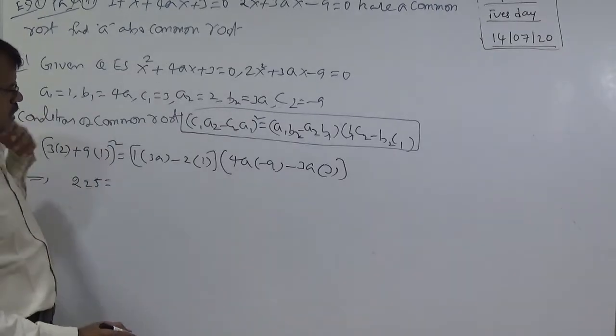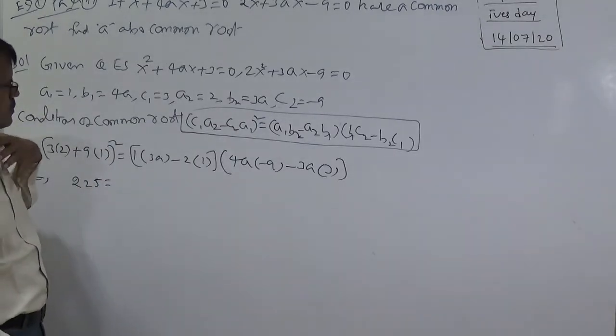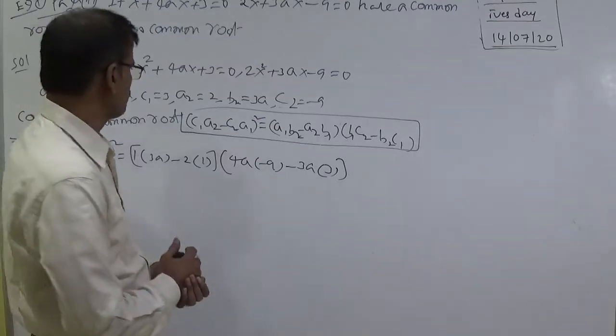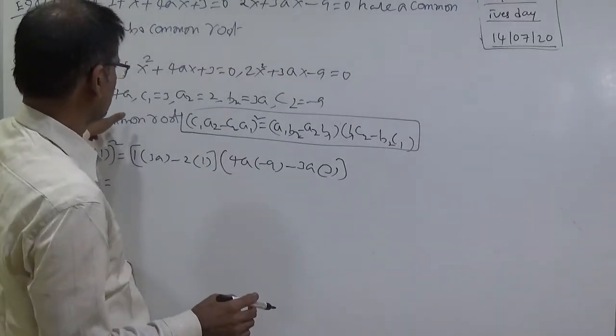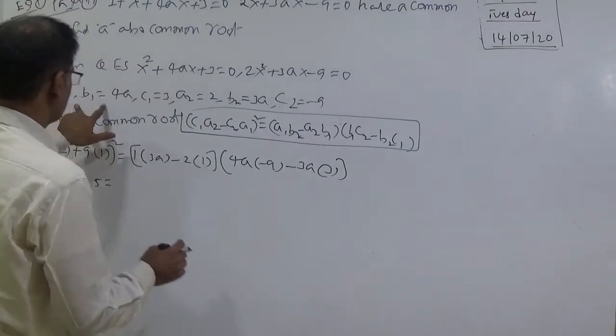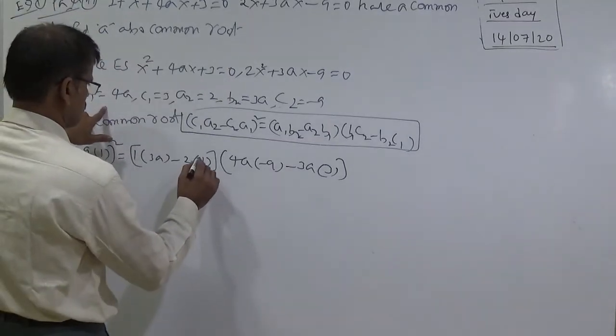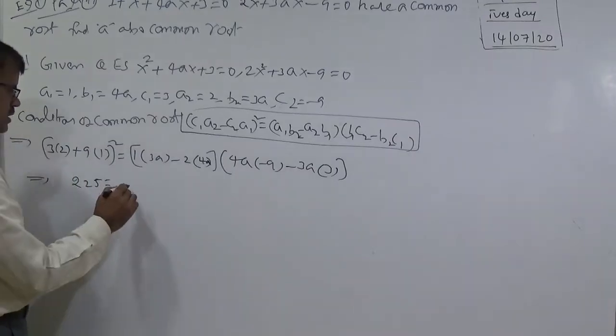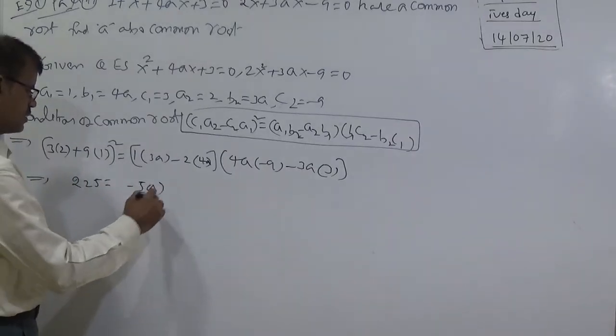This is 3a minus 2 into 4a. So a1 b2 is 1 into 3a, minus a2 b1, where b1 is 4a. 3a minus 8a becomes minus 5a.